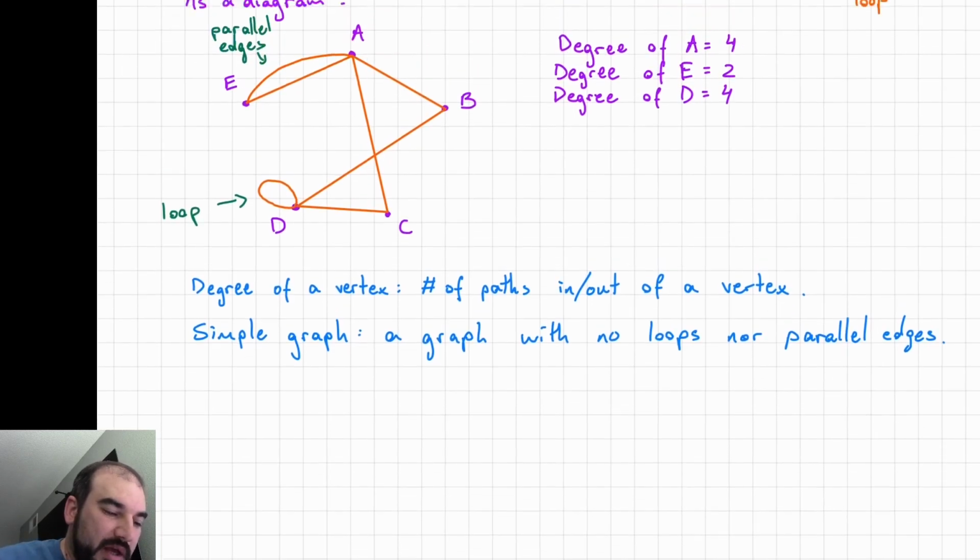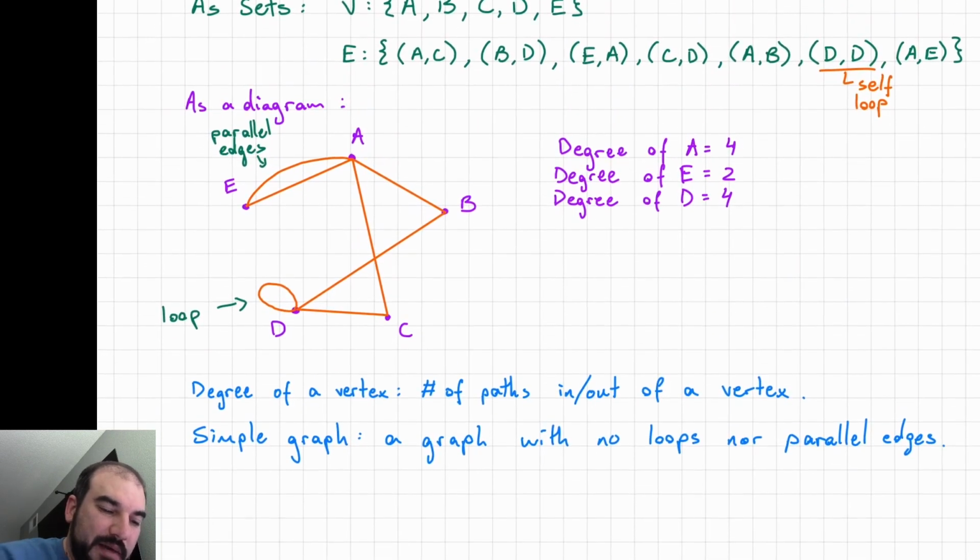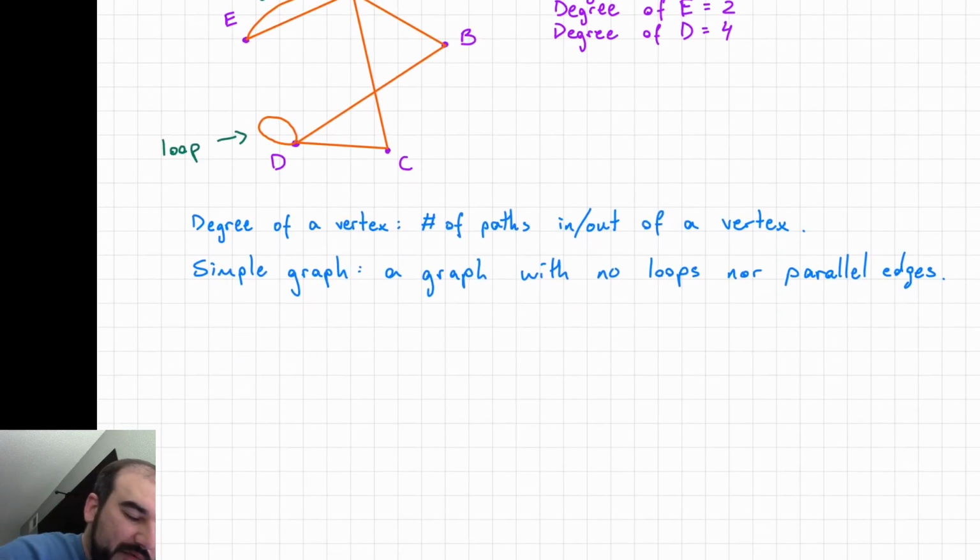So my graph up here, the one I've given as an example, is not a simple graph because we have a loop and we also have parallel edges. So a simple graph would have none of these and no parallel edges. There would only be one edge connecting any two vertices, and there would never be a self loop connecting a vertex to itself. That's what a simple graph is.